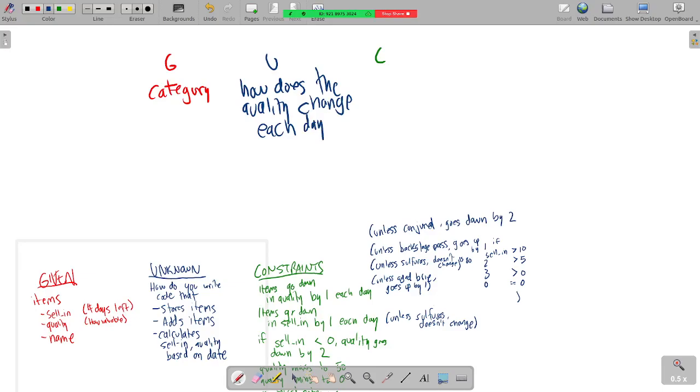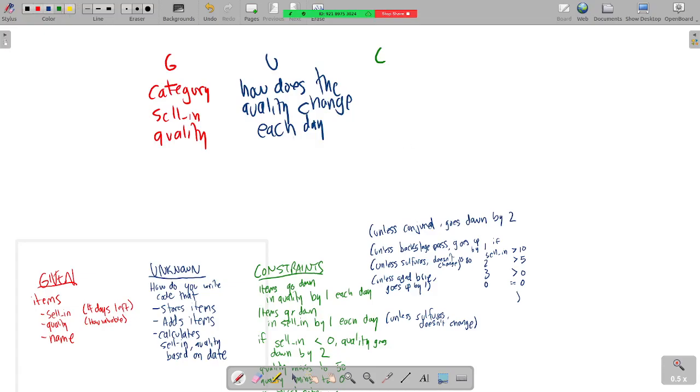Some of these are relative to the sell-in, so we also need the sell-in and the quality. So given those three things, how does the quality change each day?